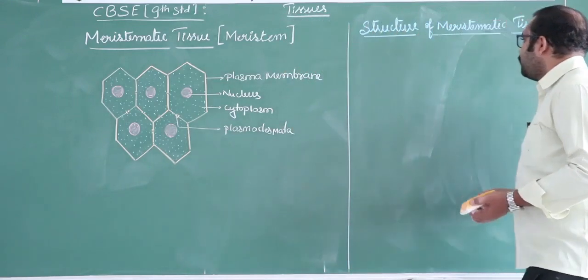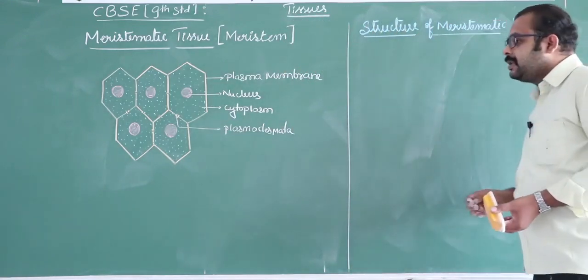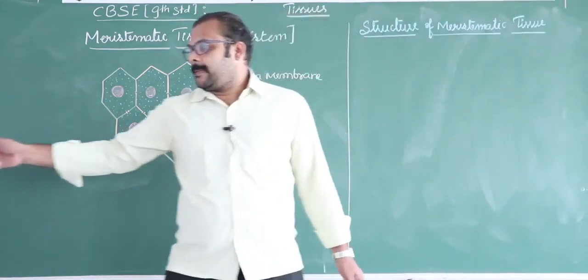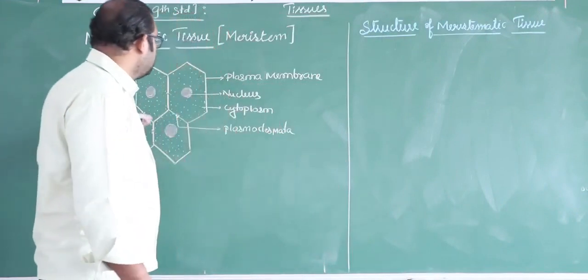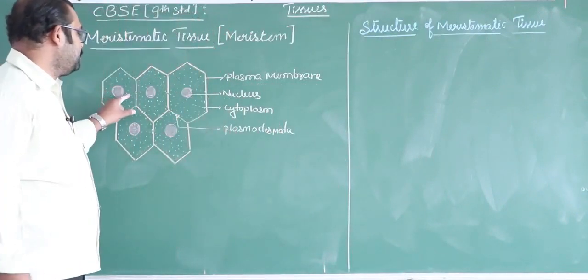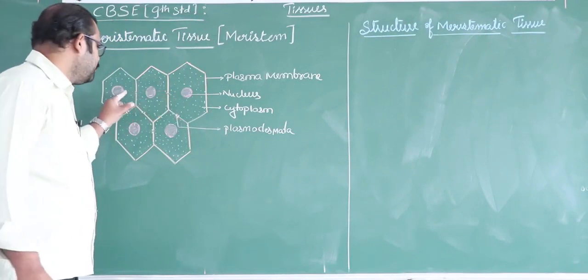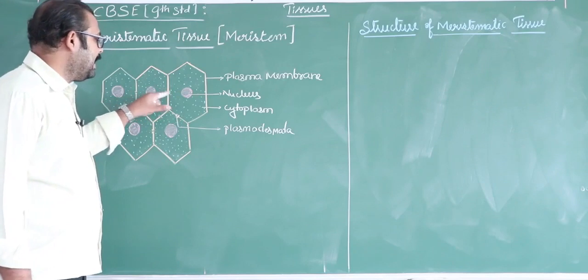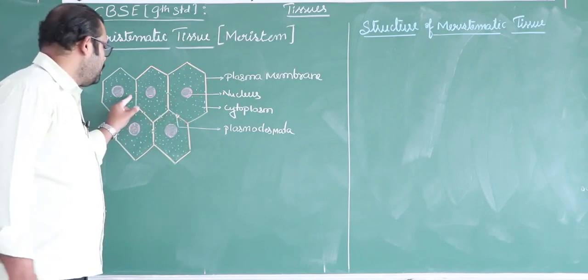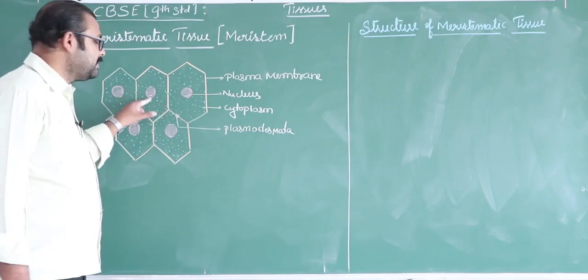Here each cell is closely attached with another cell. So the cells are closely and compactly arranged, and you don't find any spaces between the cells.